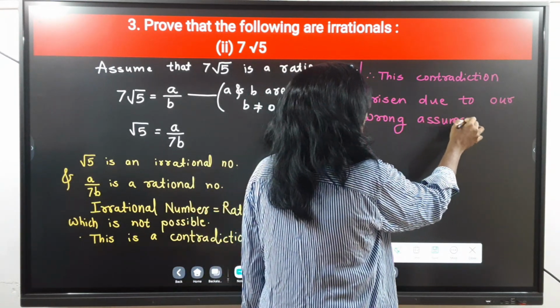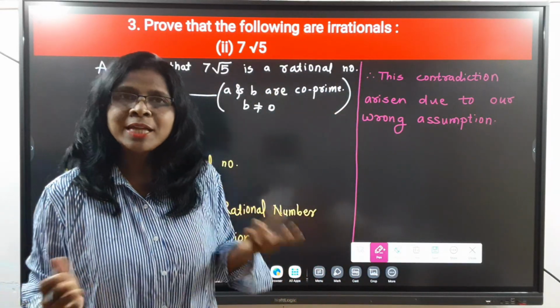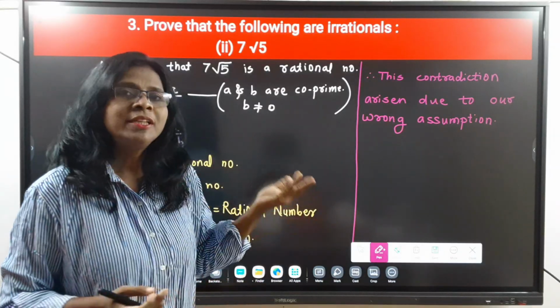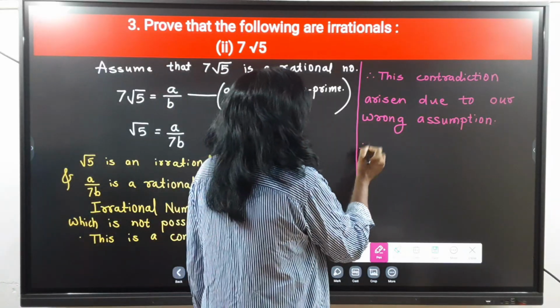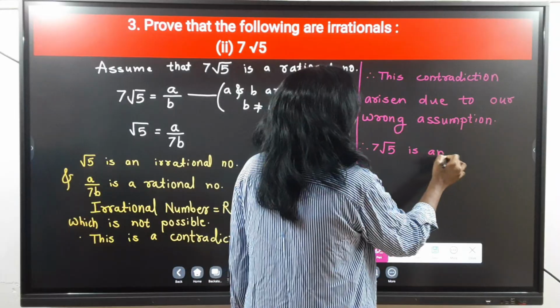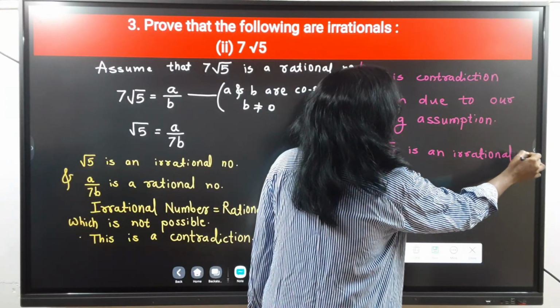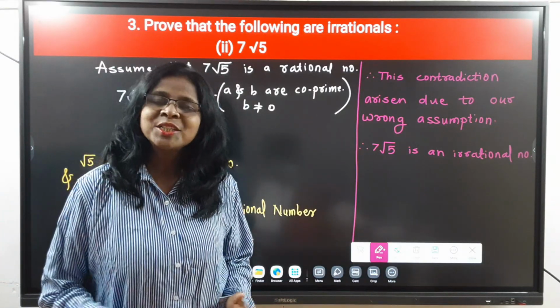That 7 root 5 is a rational number. That means, if it is a wrong assumption, then our correct statement will be 7 root 5 is an irrational number. In such a way we can prove that 7 root 5 is an irrational number.